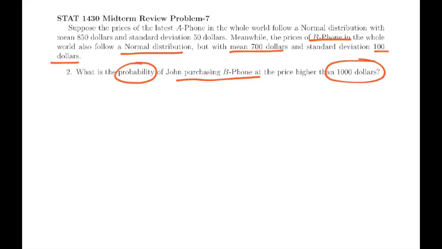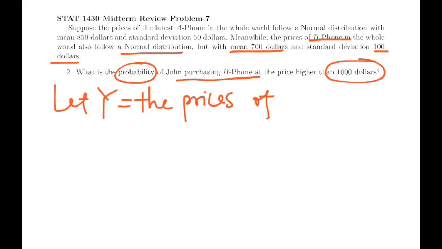Okay, so I'm going to let Y, capital Y, represent the prices of the B phone in the whole world. And we know that this Y is a random variable with normal distribution with mean $700 and a standard deviation of $100.